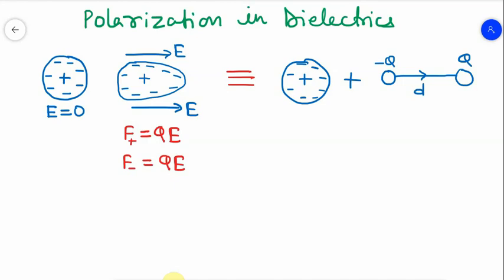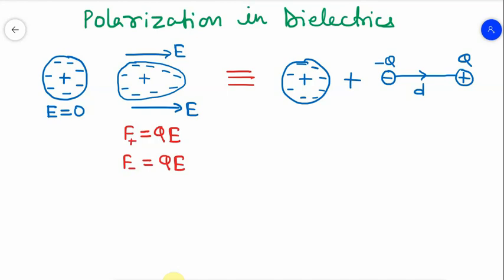So this one is negative and this one is positive. So a dipole results from the displacement of the charges, and this dielectric is said to be polarized.